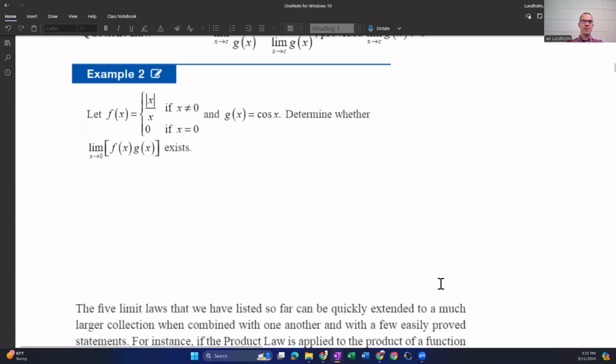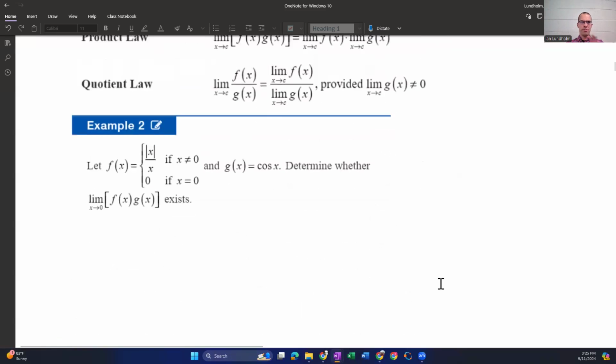I'm going to go ahead and scroll down so that we have more space, but yeah, we can work here. Here we have a piecewise defined function. f of x is the absolute value of x over x if x is not equal to 0, and it's 0 if x does equal 0.